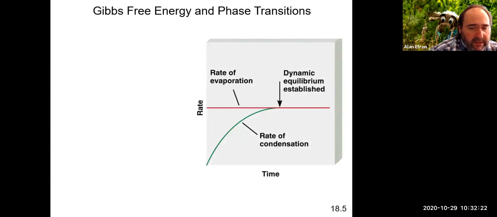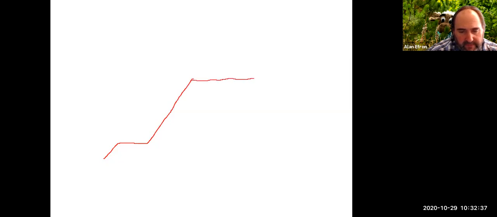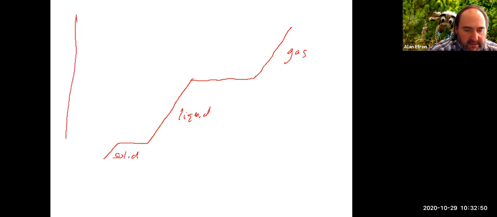So when we go from one phase to the next, and just a reminder, if we draw a classic heating cooling curve, if you will, and let's just say that this is the gas phase here, this is the liquid phase, and this is the solid phase here, and this is temperature.